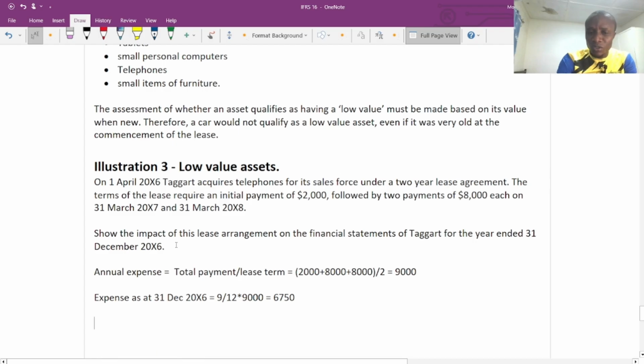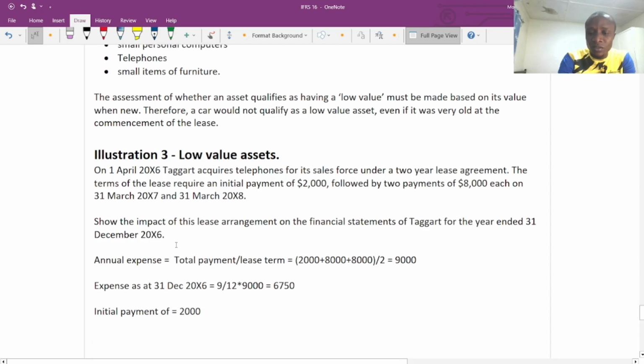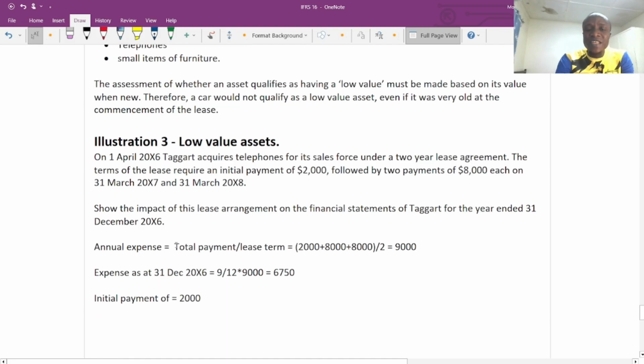But now let's understand something. At the inception, it required an initial payment of 2,000. So if the initial payment is 2,000, then the expense amount is 6,750. It means we need to accrue for the difference. We need to show the difference as a liability so that the accounts will balance.